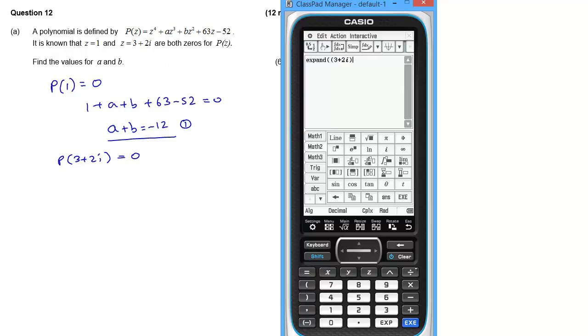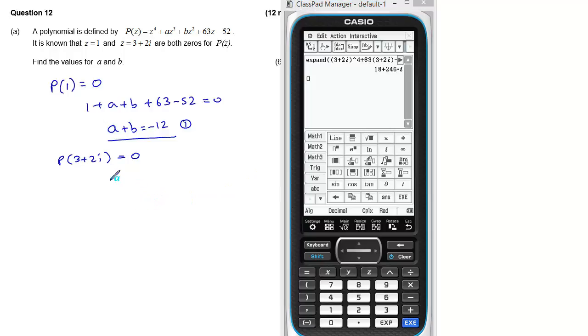And that's going to be to the power 4. And then we've got add 63. And then we'll paste there. And then we've got minus 52. So all of that gives us 18 plus 246i.